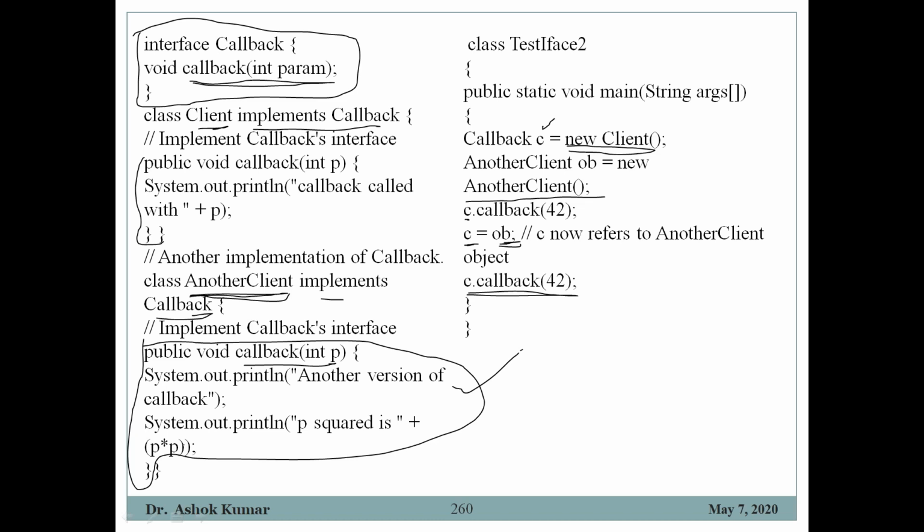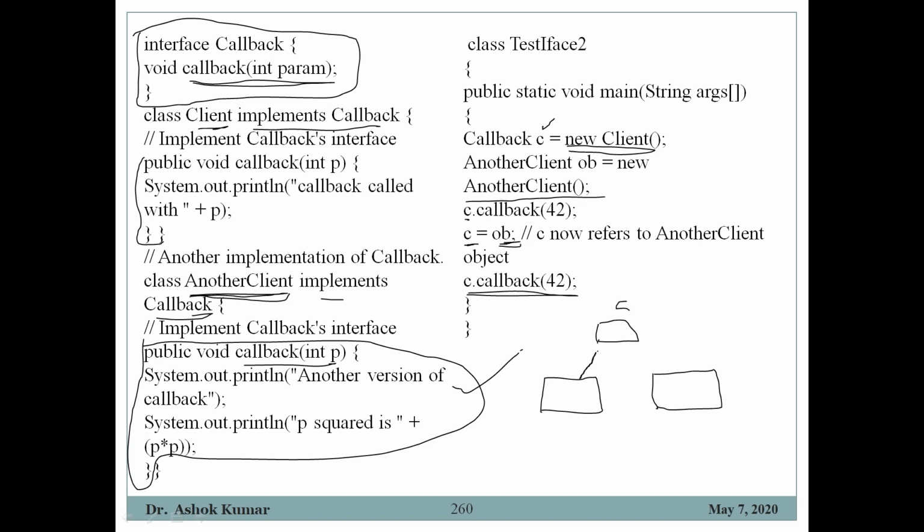The important point over here is that it's performing dynamic dispatch of methods, which we discussed earlier in inheritance as well. So we have two classes over here, and we have objects of two classes. One object is of type client, the other object is of class another client, and there is a reference to interface C, and C is implemented by both the classes.